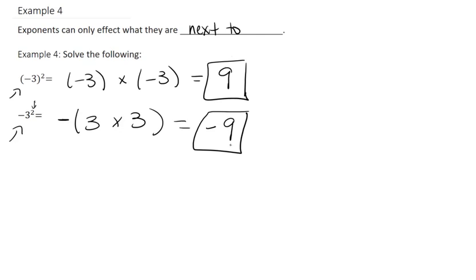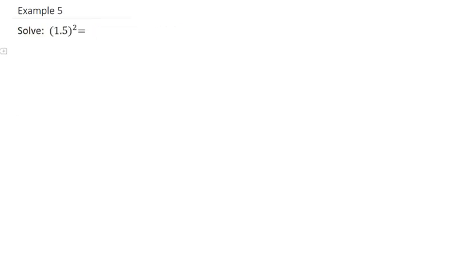So let's look at another example. Solve for the following. 1.5 raised to the second power. So we have 1.5 times 1.5. Now, we're going to do this off to the side. So we have 5 times 5, which is 25.